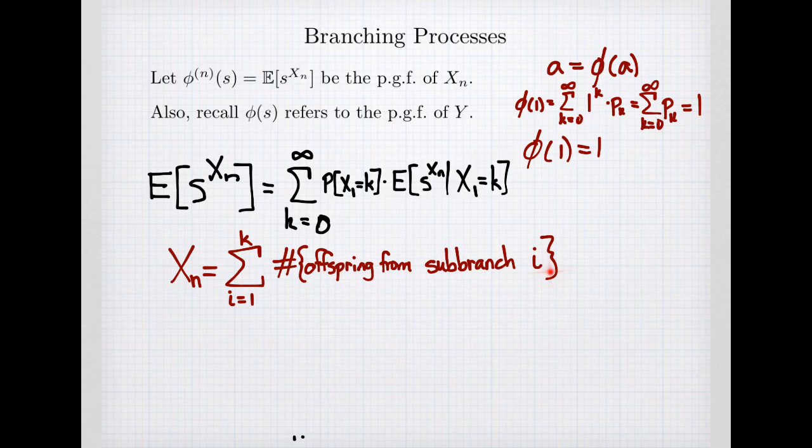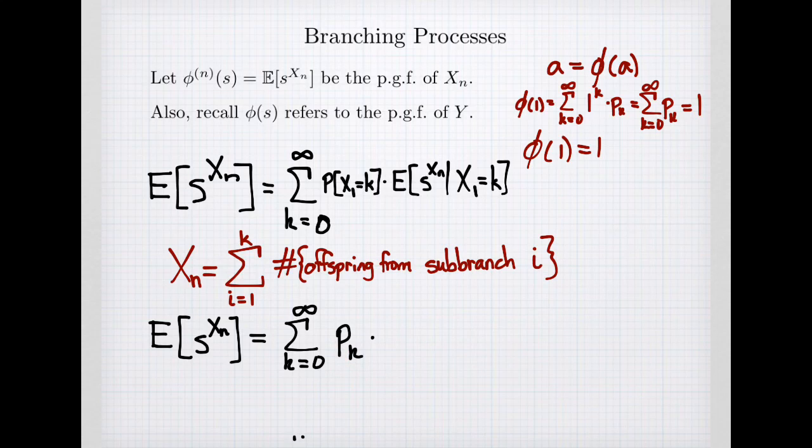So we're going to think about sub-branch I, and xn is the sum of those. Now, again, by independence, these individual contributions are independent. So what I've done is I've rewritten the probability that x1 equals k. Well, that's a single individual having offspring. These are the probabilities for my y distribution.